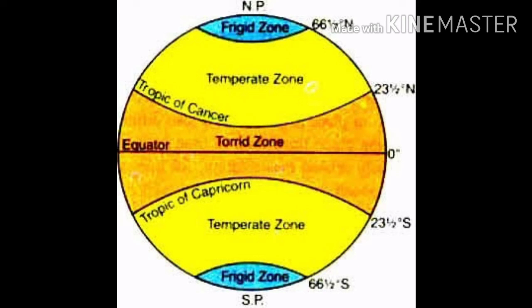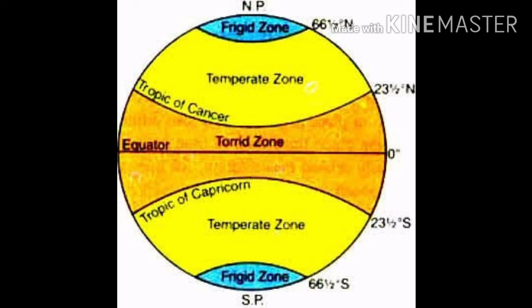Frigid zone. The word frigid means freeze, cold. This zone experiences very slanted rays. You can see the frigid zone lies near the North Pole and the South Pole, which are the coldest places.